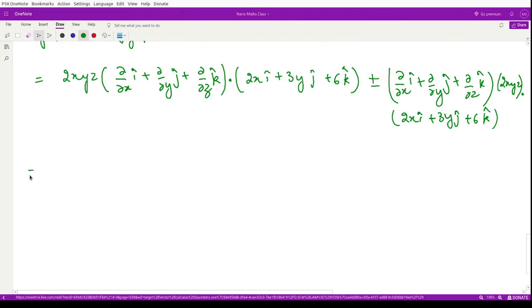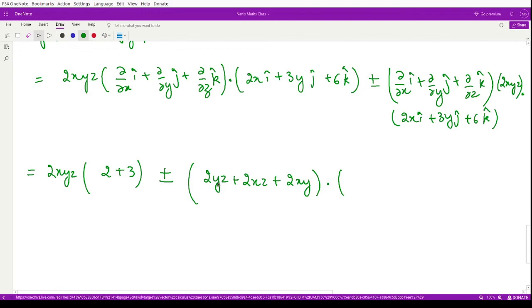So let's do this calculation, 2xyz as such. When you perform this calculation, it is 2 and then you have 3 here, right? Plus minus, and then when you calculate this you have 2yz plus 2xz plus 2xy dot with, and moreover i cap, j cap and k cap dot with the vector 2x i cap plus 3y j cap plus 6k cap.